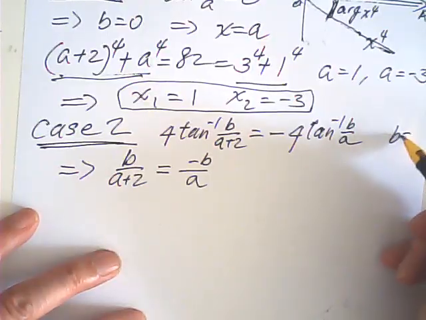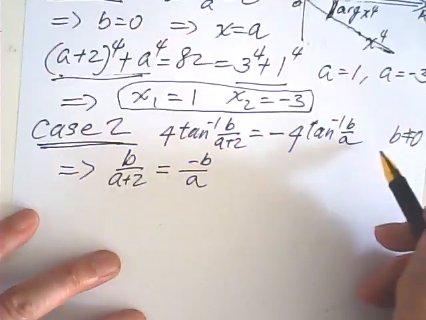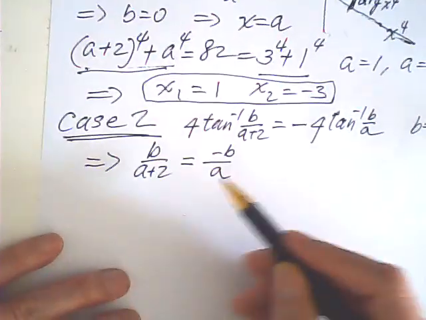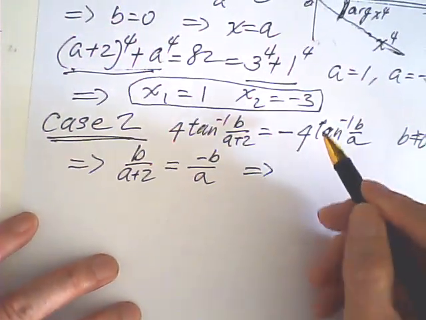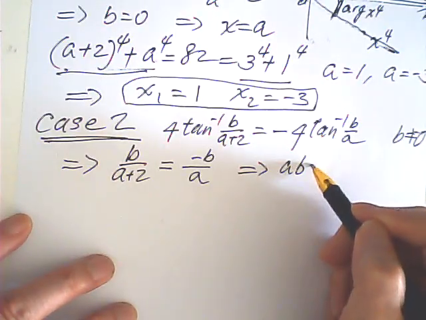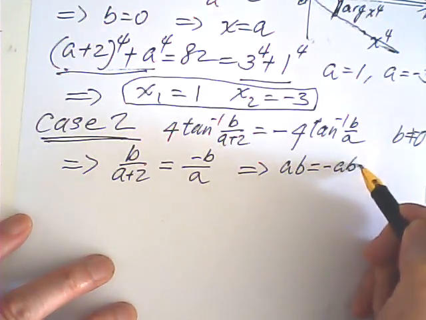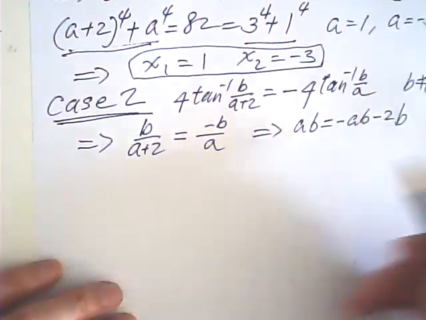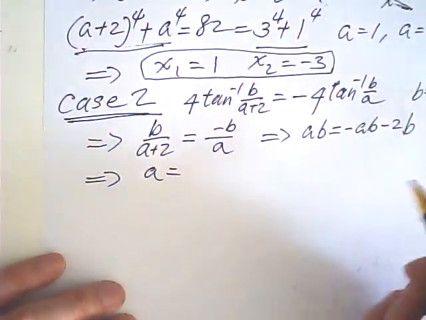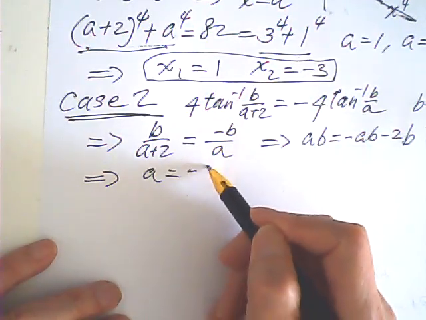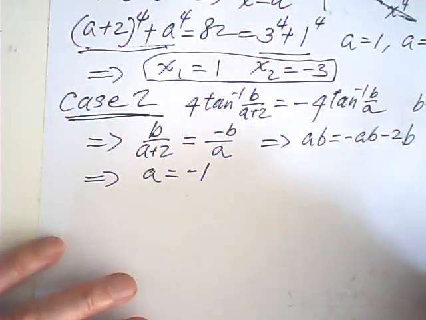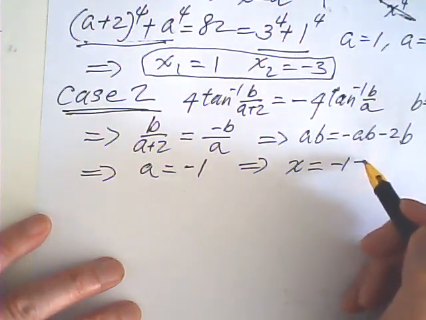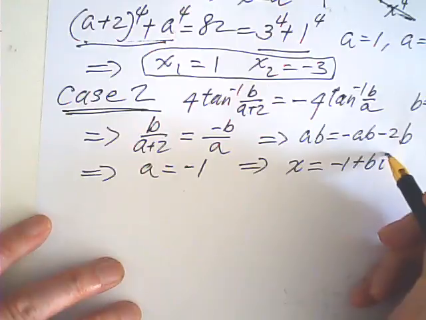So we end up with b over a plus 2 is equal to negative b over a. We know that b is not 0. If b is 0, then we go back to case 1. So which means that ab is equal to negative ab minus 2b. b is not 0, so we can solve this equation: a equals negative 1, which means that our x is equal to negative 1 plus bi.